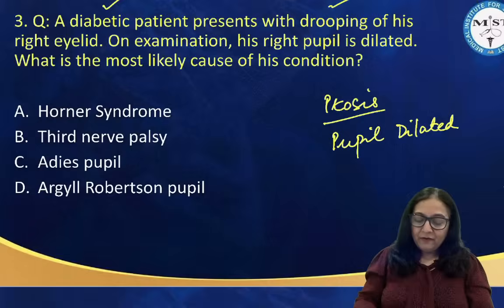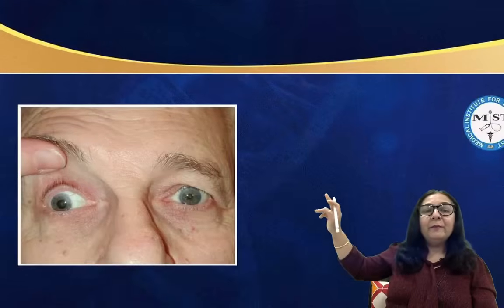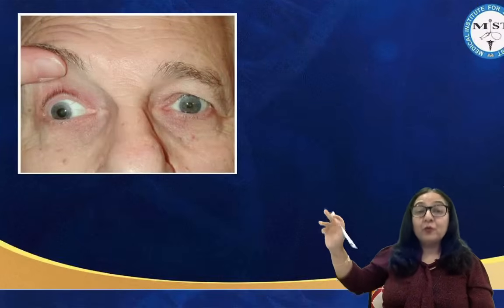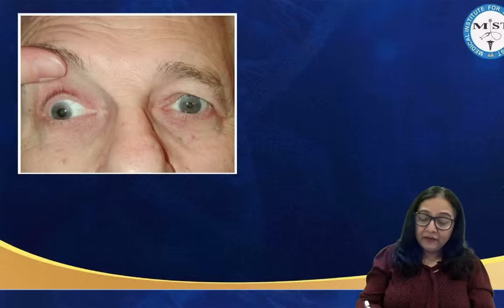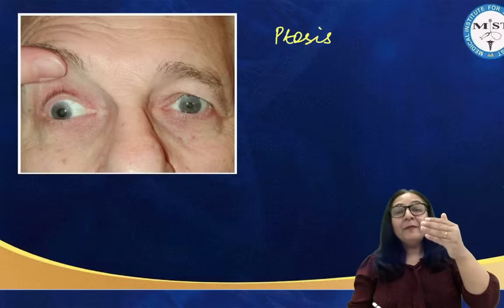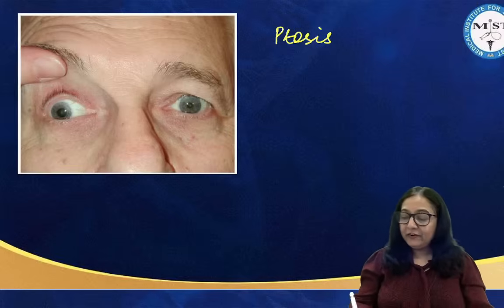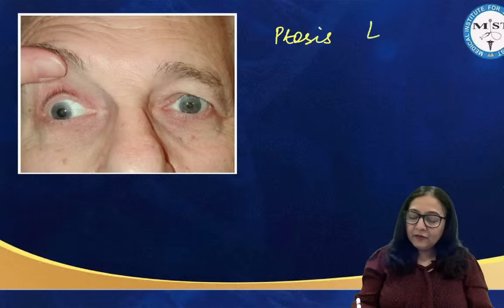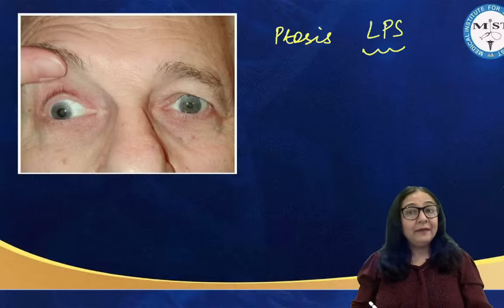Okay. So, this is how your patient is. The patient has ptosis. Now, which muscle is the elevator of the eyelid? LPS. So, it means there is some involvement of the LPS muscle.